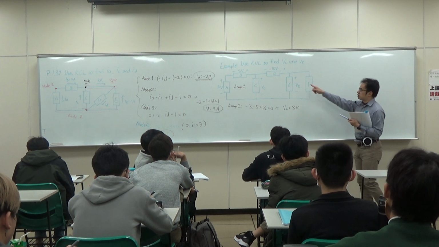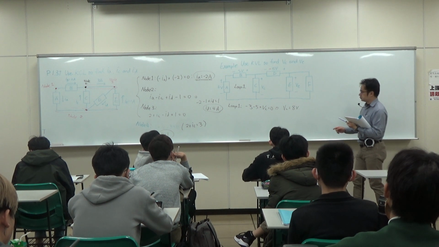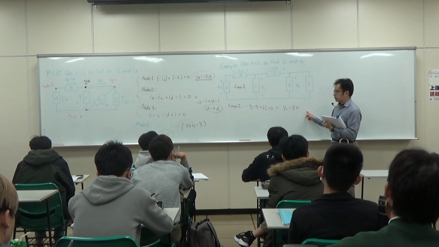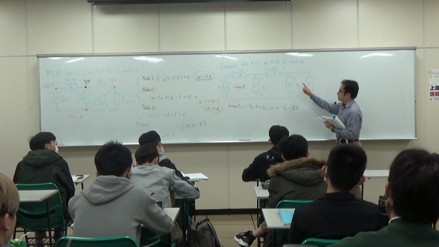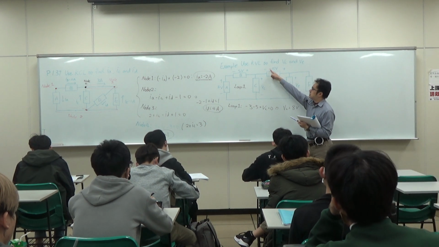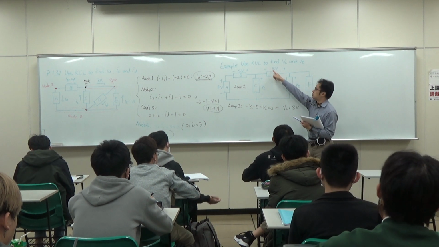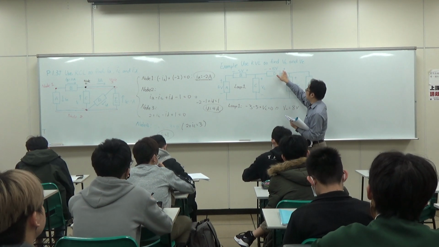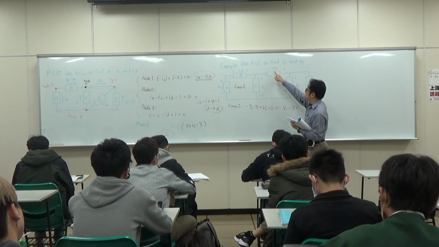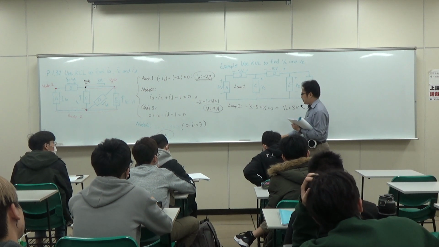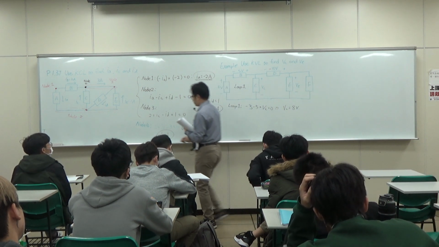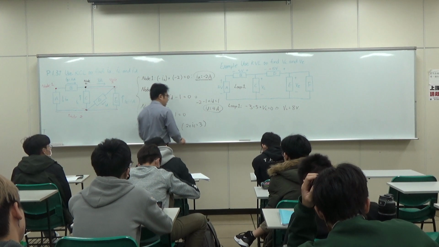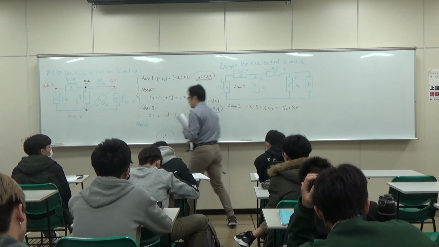But here there is a little trick. So any questions? The little trick is here. You notice I use a red because I use -10 volts. If it is given minus plus and gives you -10, it means you have to change this a little bit.